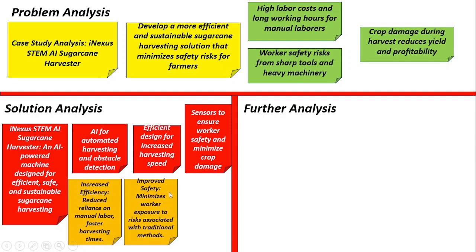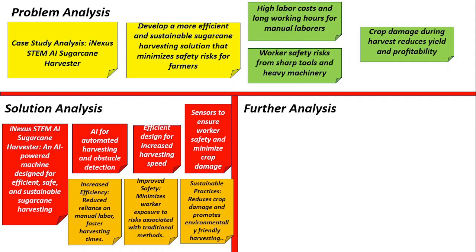When I utilize the sensors, I improve safety, so it minimizes workers' exposure to risks associated with traditional methods, and it supports sustainable practice, reduced crop damage, and environmentally friendly harvesting. These are all the solutions and analysis I provided in the second section of the case study.